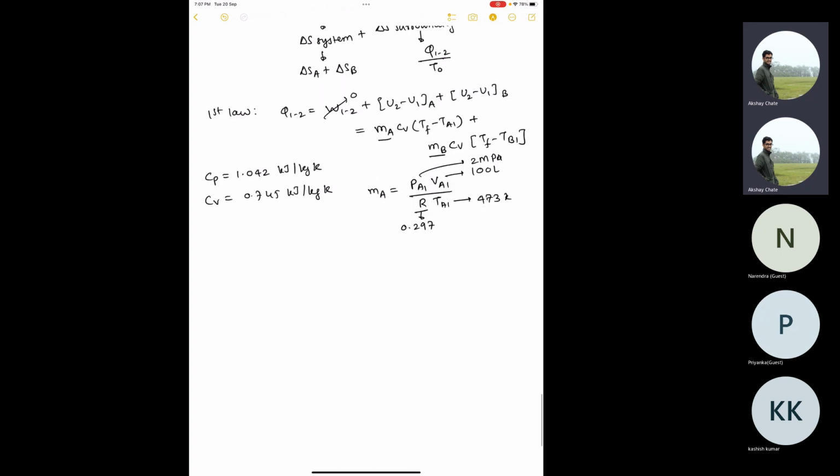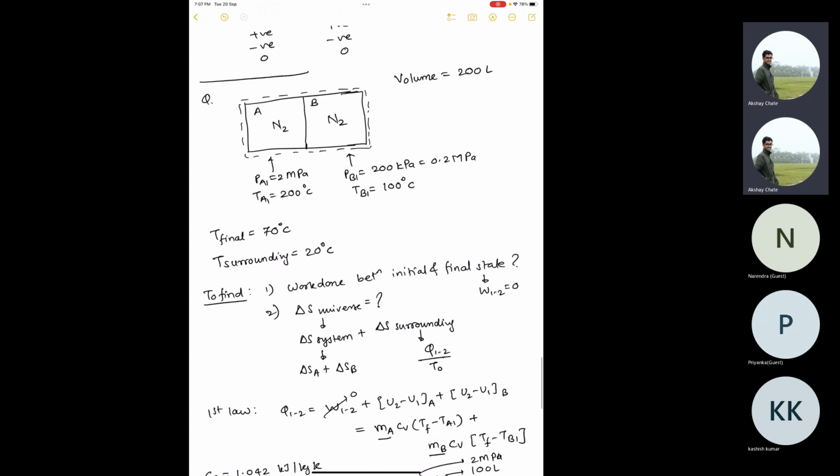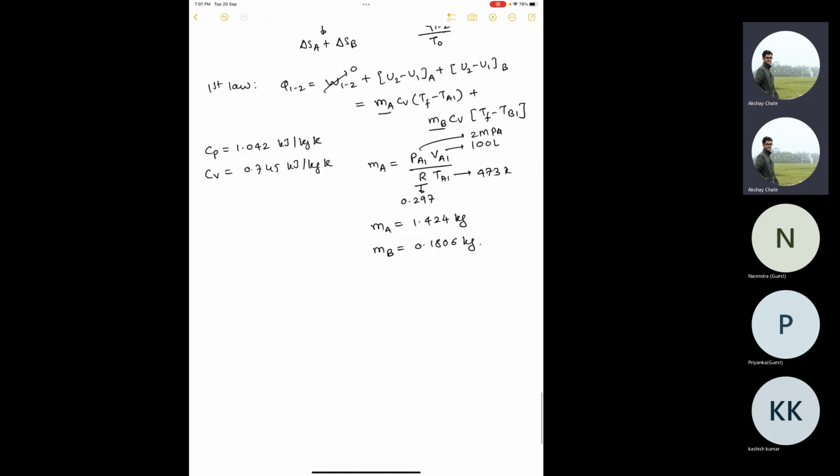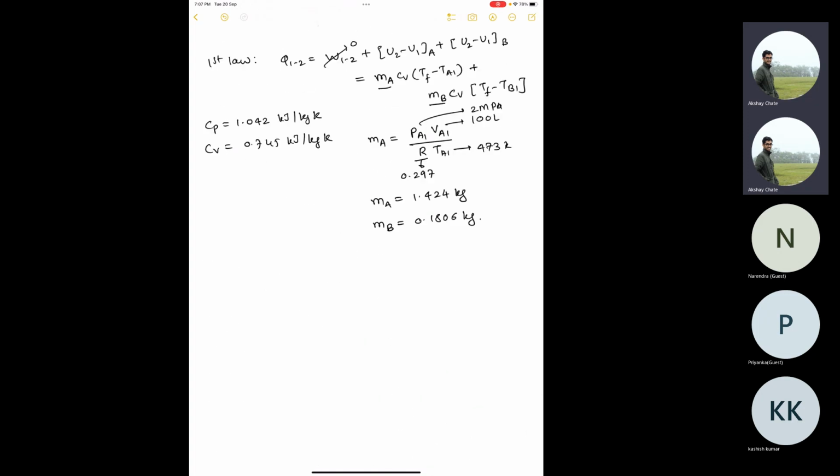If you do that calculation, MA will be 1.424 kg, and similarly MB will be 0.1806 kg. See, the mass in B was very low because the pressure is almost 10 times lower and the temperature is also 2 times lower. That's why the mass in B is very low. It's almost 8 to 9 times lower than A.